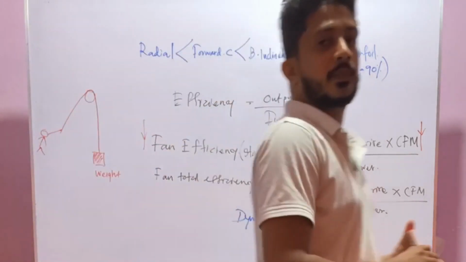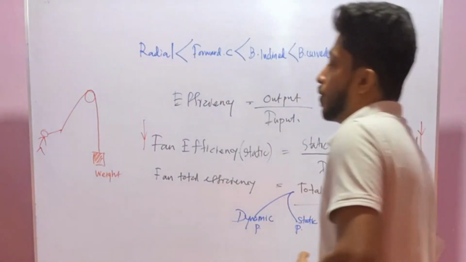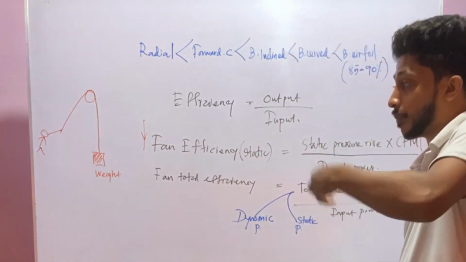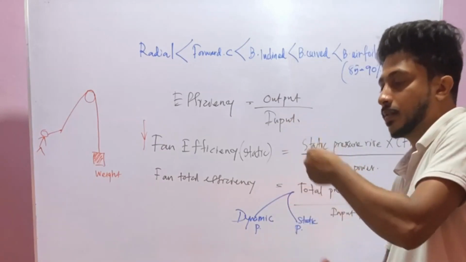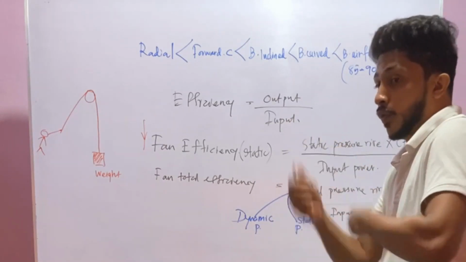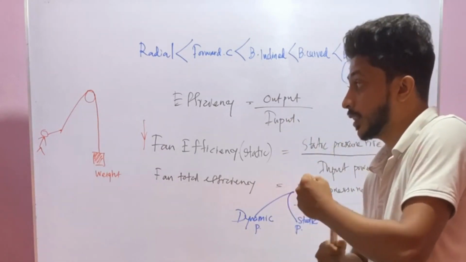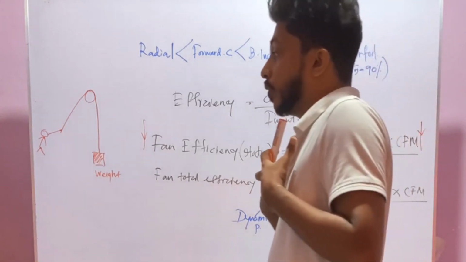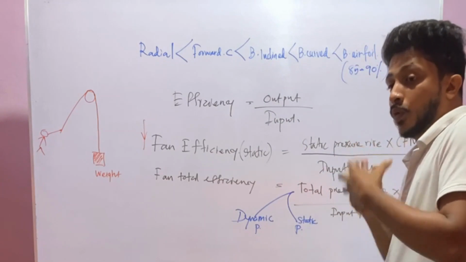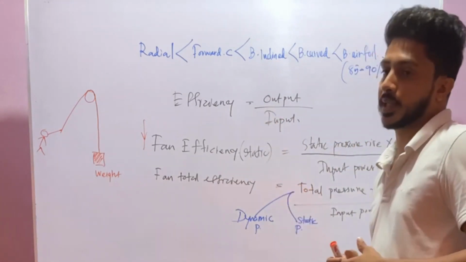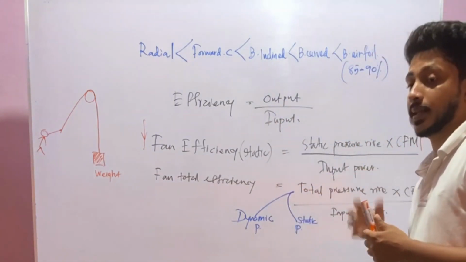So in this scenario, if you want to speed up this lifting process, you can slowly lift it. If you want to speed up this process, that means you have to give more energy, you have to put more work on this process. That means energy is high.